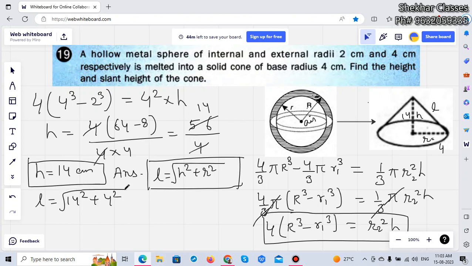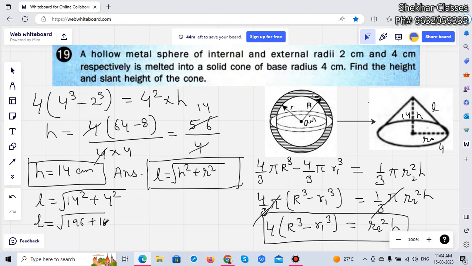under root. 14 is how much? If you square 14, how much do you get? I'll write it here only. 196 is 14 square. 4 square is 16.